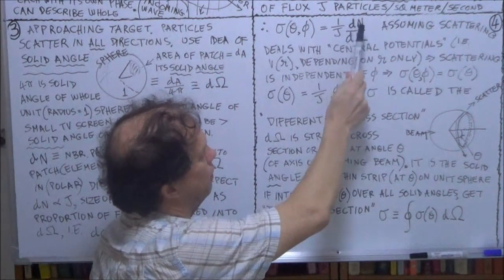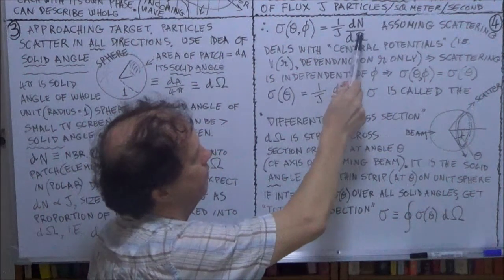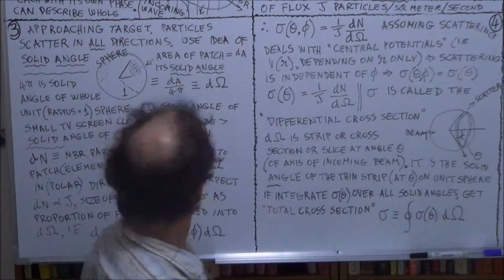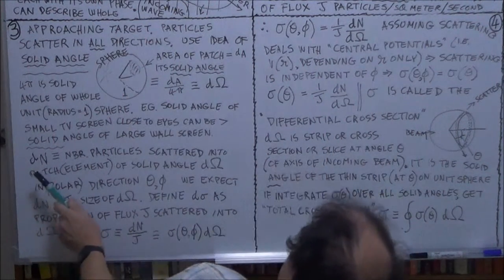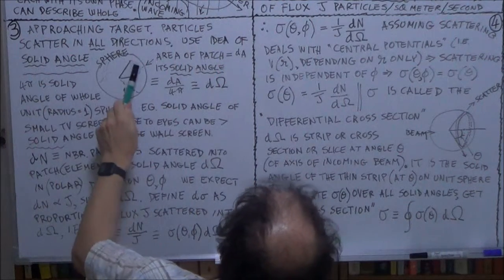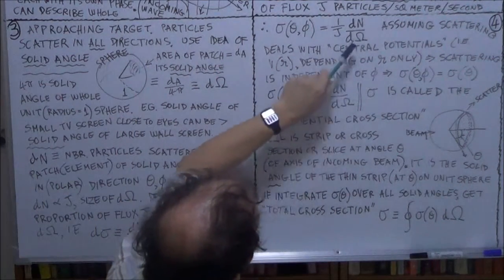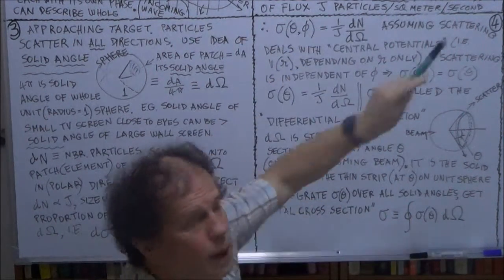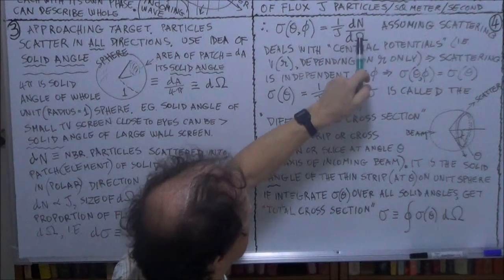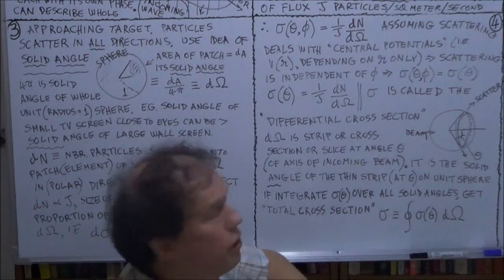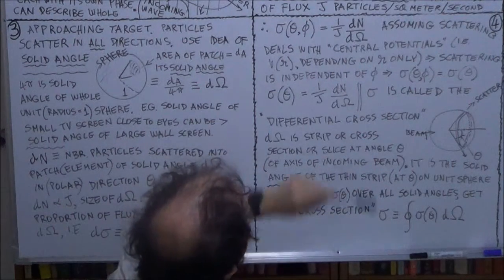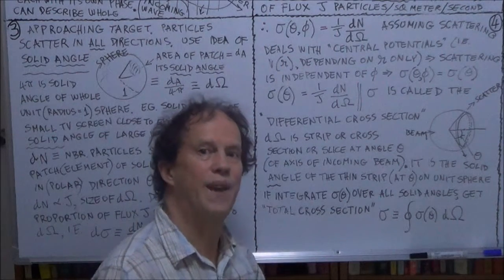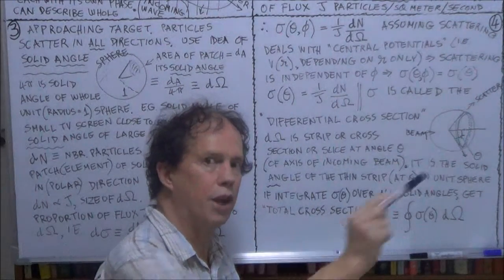What is N or dN? dN here is the number of particles scattered through this patch. If you divide that by the area, you've got a differential between the number of particles through the patch and its surface area, the area of the patch, omega. That's going to depend on the scattering angle.